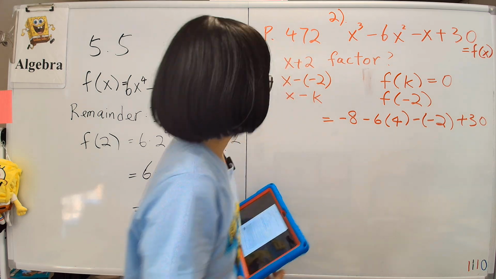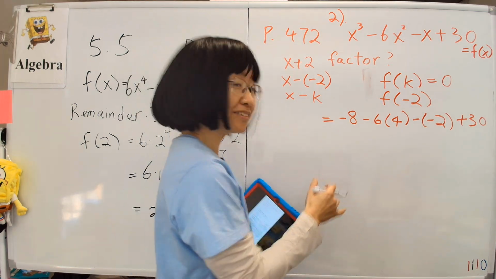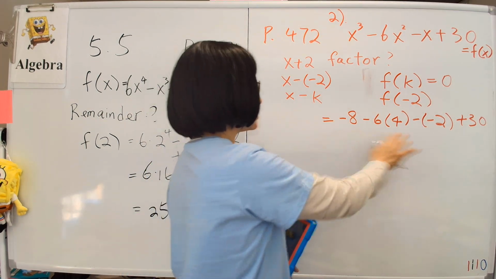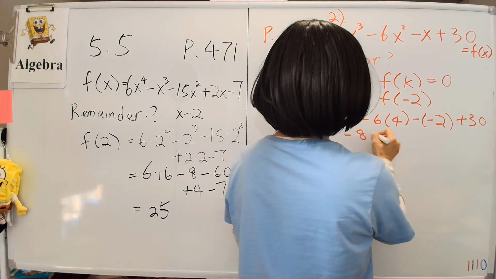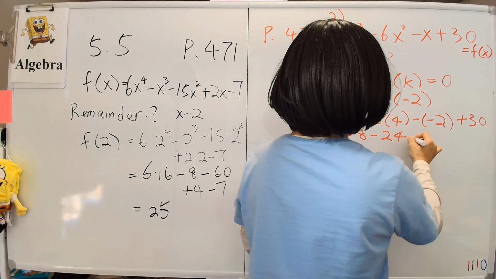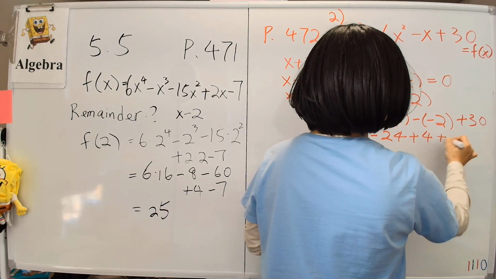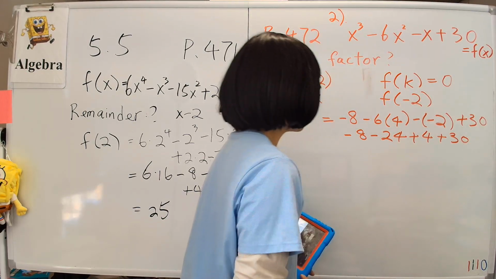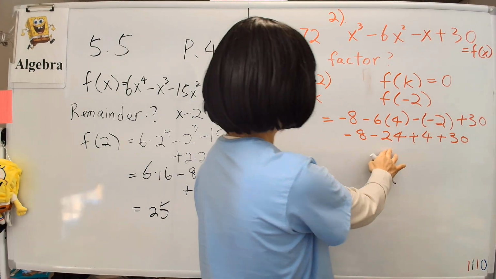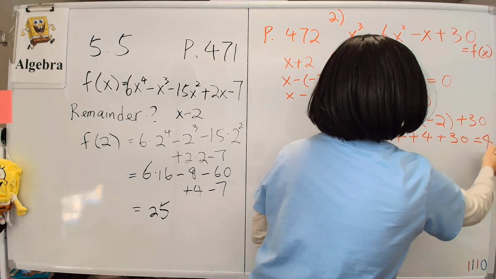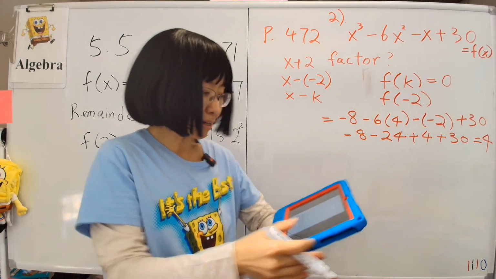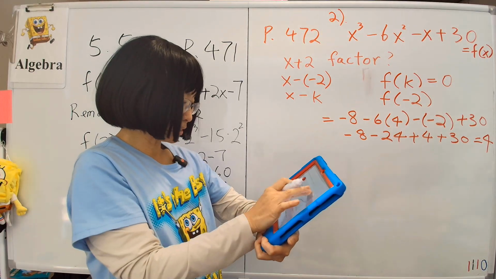I'm going to try to do this in my head and see if I can be lucky and not mess up. So this is minus 8 minus 24 plus 4 plus 30. That is 28 plus 24, that's 30. So that should be 4. You can do it in your head or with a calculator, your choice. It doesn't make much difference.